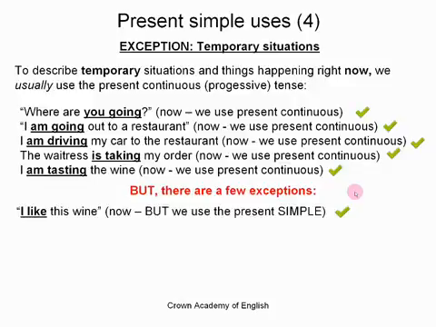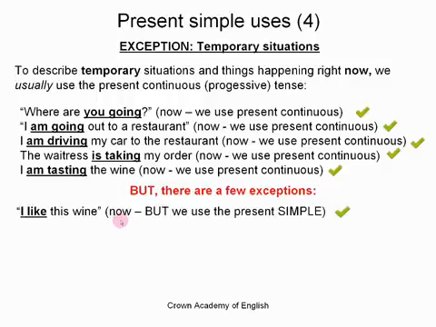So, for example, we've just tasted the wine, and if we wanted to say, well, we like the wine, we say, I like this wine, okay, which is the present simple. But we're saying, I like it now. This is temporary, I might not like it tomorrow. I might not like another wine, but this particular wine, I like it.